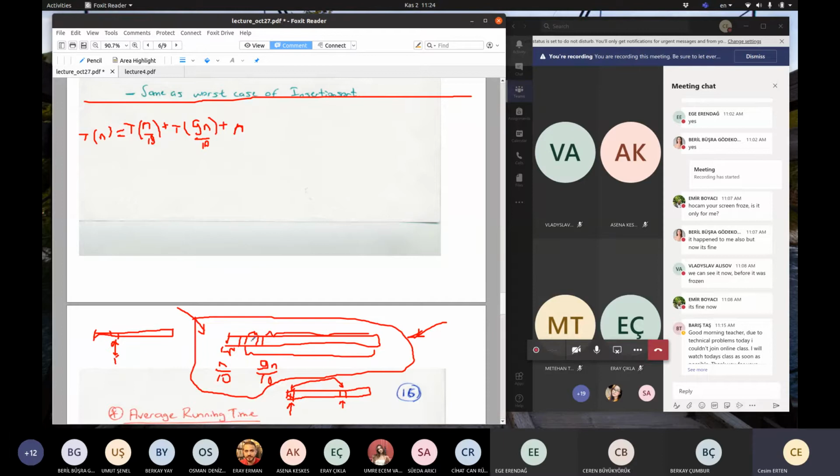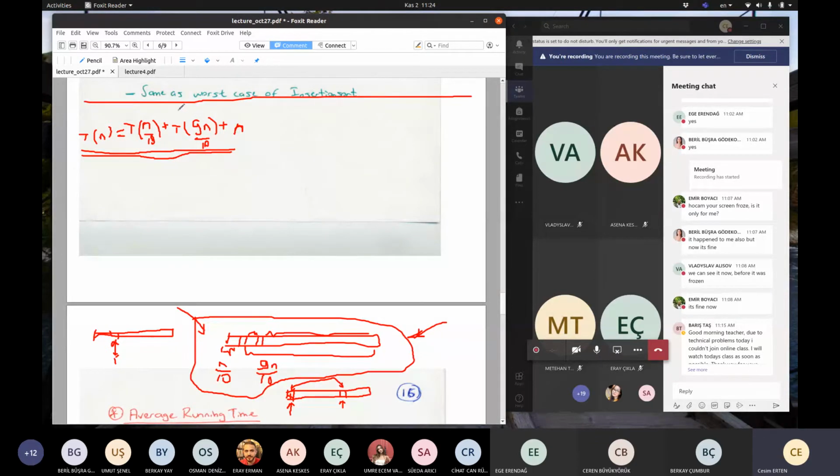Assume that this bad partitioning, which divides the input size to 90% and 10% in an unbalanced way, happens in all the recursive calls. This is quite a bad case. This should normally be quite a bad case for the quicksort algorithm. But let's try to solve this recurrence and see what it evaluates into in terms of our asymptotic bounds.